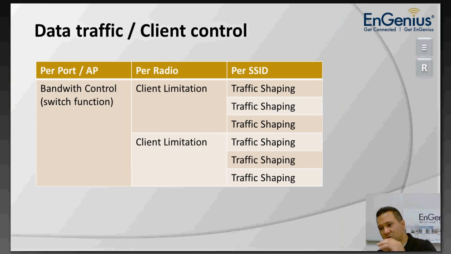Then per radio, you can do client limitation, and per SSID, you can do traffic shaping. So in this whole structure, you can really play with the volume or throughput, the bandwidth, and the quantity of clients. You can shape it into a more divided load across the whole network to make your network more stable.